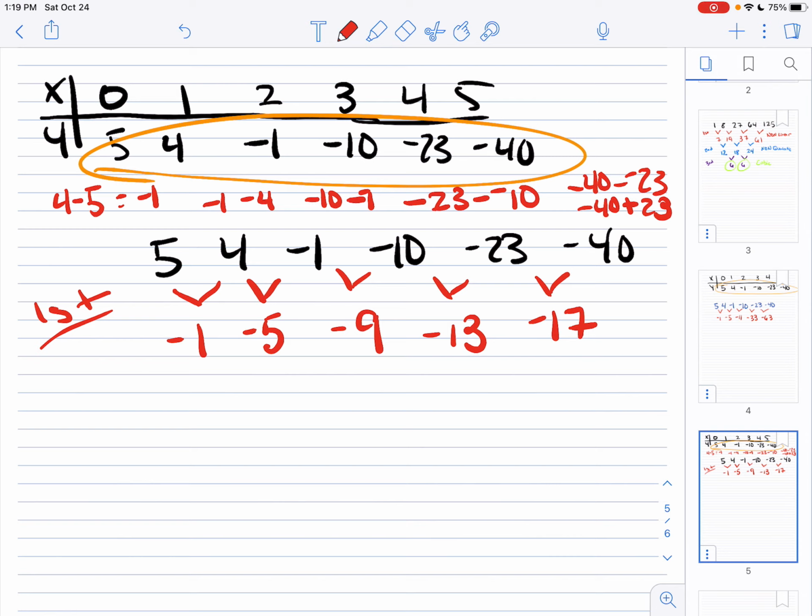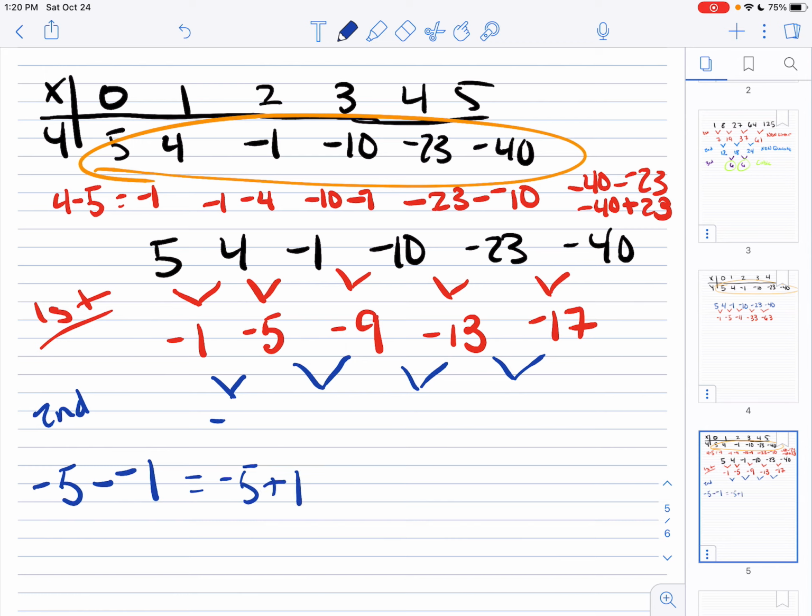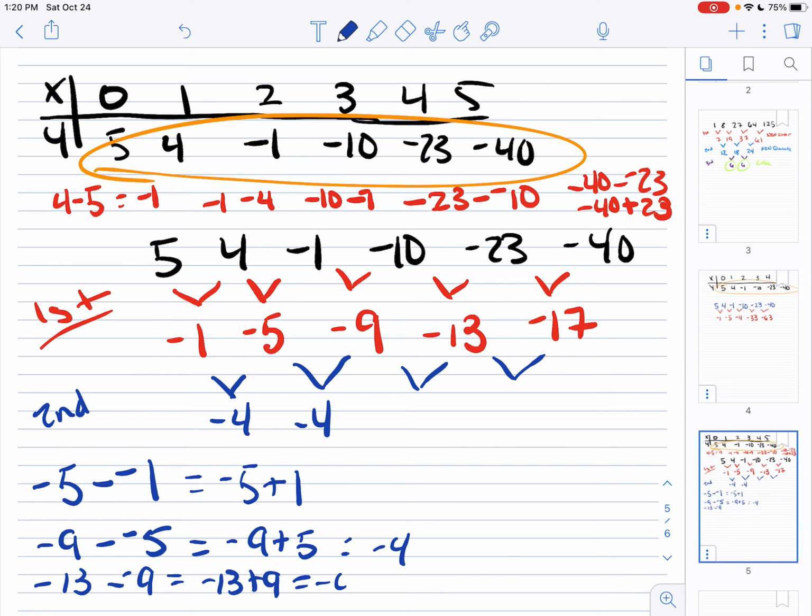Then we're going to see if it forms a quadratic relationship by taking our second difference. -5 minus -1 is the same thing as -5 plus 1, and I get -4. -9 minus -5 is -9 plus 5, which is -4. -13 minus -9 is -13 plus 9, which is -4.